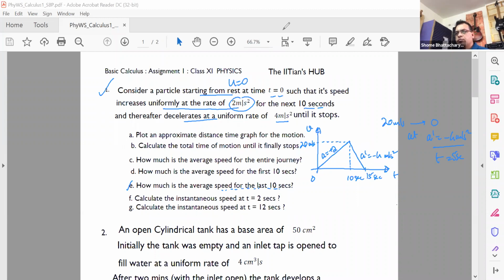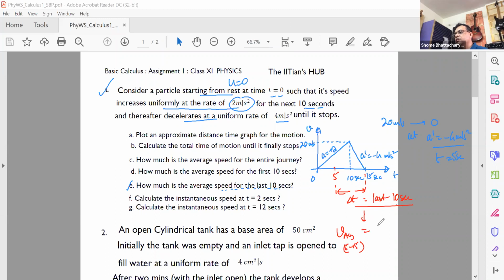Anshul Tiwari, this graph is clear, no? Yes, sir. Okay, now see what we want to do is find the average speed in the last 10 seconds. So which is the last 10 seconds here? This is the last 10 seconds from 5 seconds to 15 seconds. So we want to find the average velocity in these last 10 seconds, from 5 to 15.